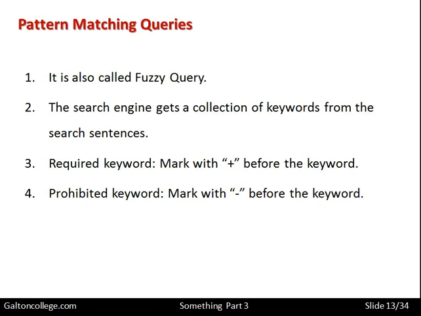If it's a word that we definitely don't want, we could put a minus sign in front of it. So we could conduct a search, but we do not want a particular word because we're not interested in that particular situation. So we might put a minus sign in front of the keyword.